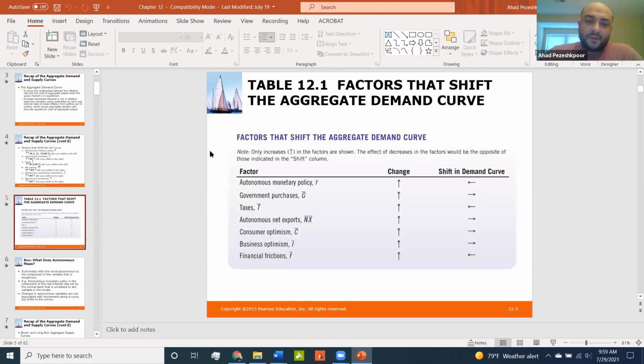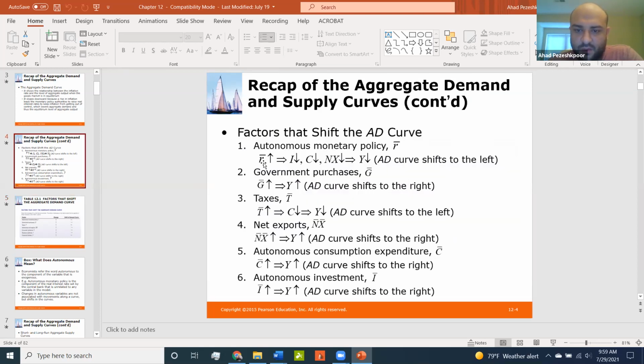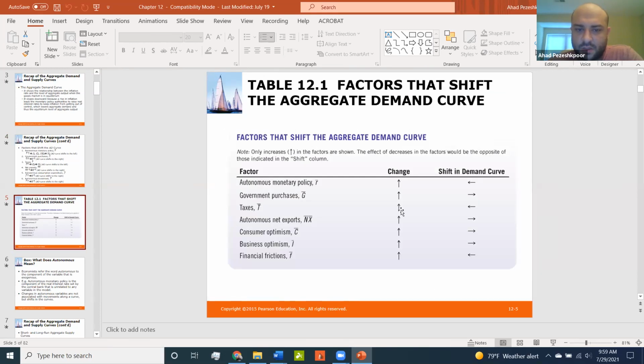So autonomous monetary policy goes up, shift in demand curve. This is, again, a representation of this situation. So these two are almost the same. Government expenditure goes up, your aggregate demand curve shifts to the right, therefore your aggregate output will increase.